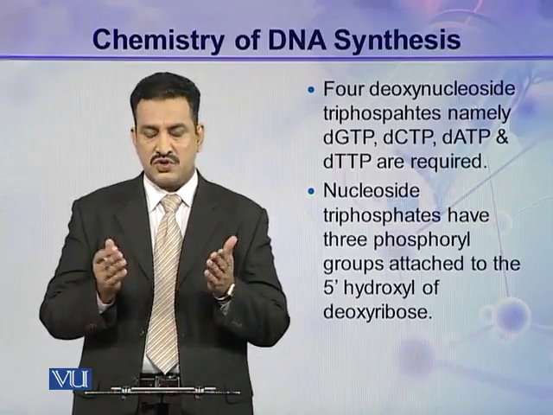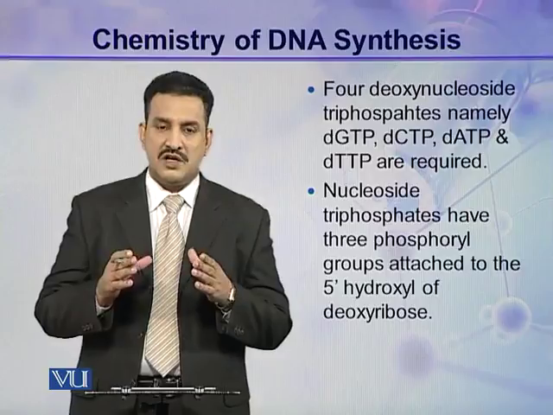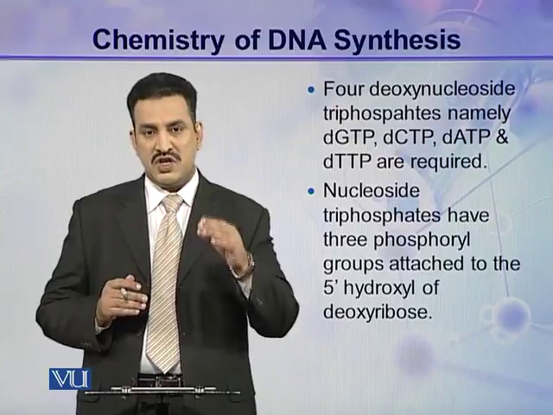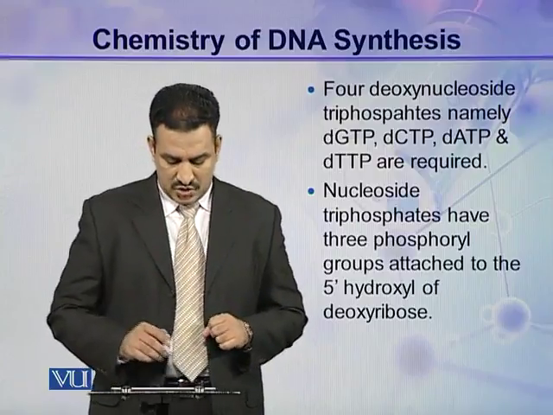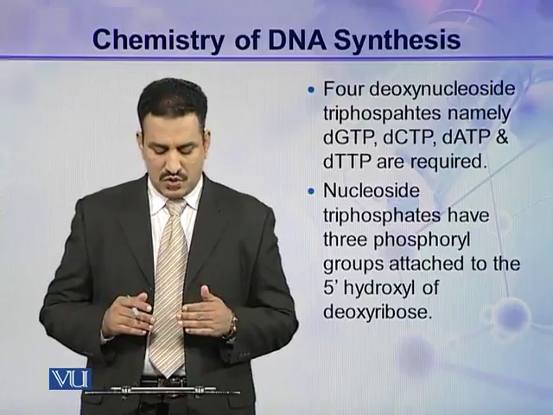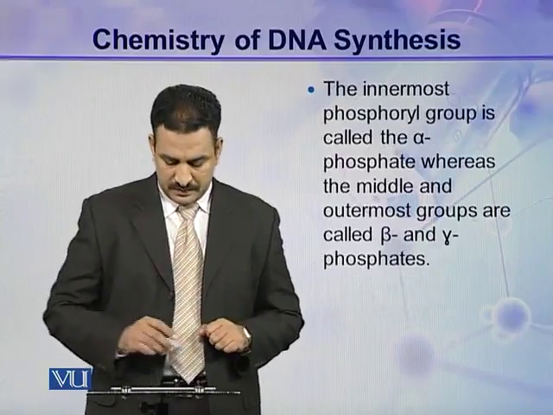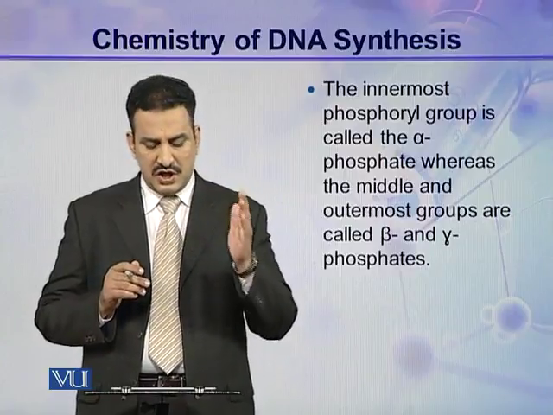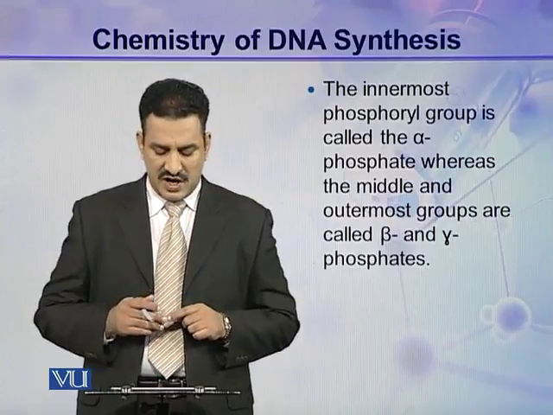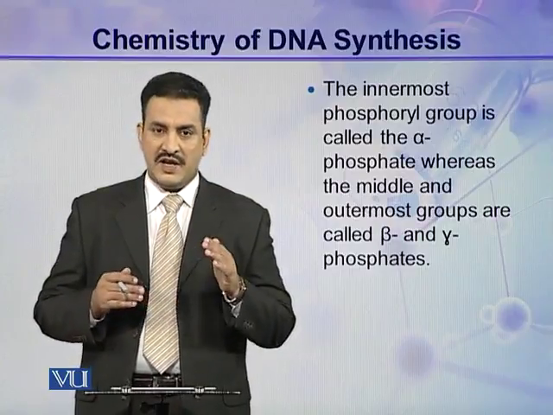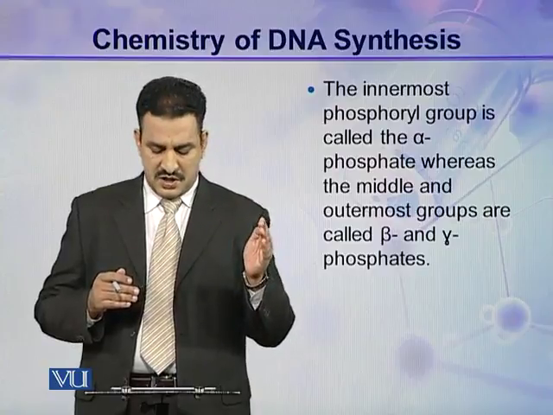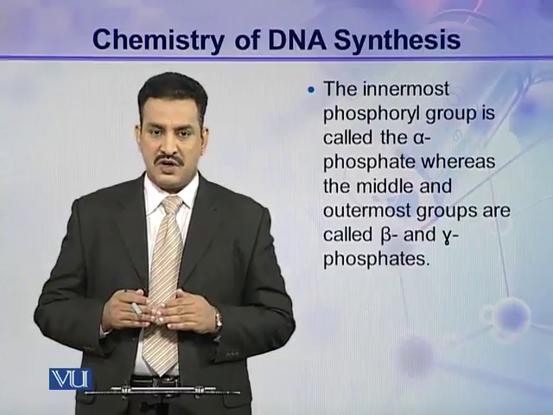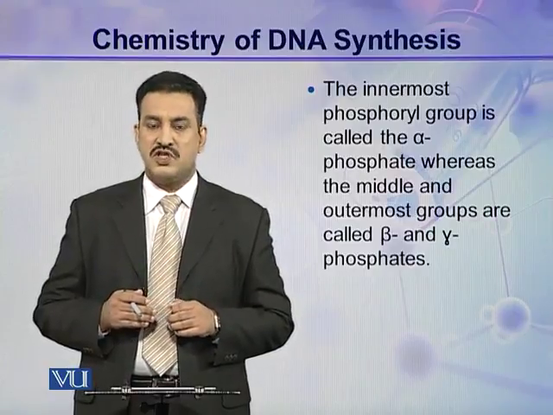Deoxyribose sugar is present, as you know, in DNA, and to the 5' carbon of this deoxyribose, three phosphate groups are attached, so that in this way it becomes a nucleoside triphosphate. Of these three phosphates, the innermost phosphoryl group is called the alpha phosphate, while the second and third, that is the middle and outermost groups, are called beta and gamma phosphates respectively.